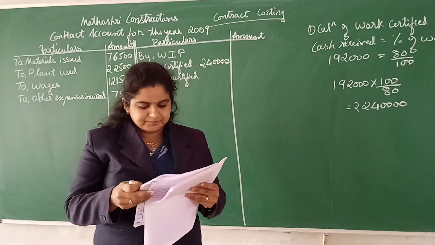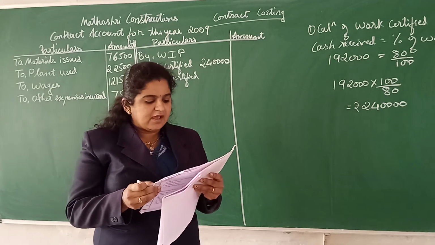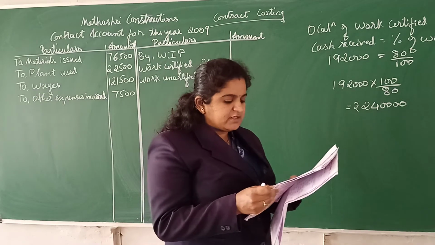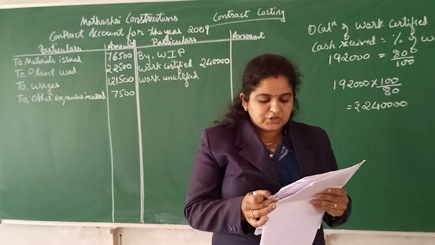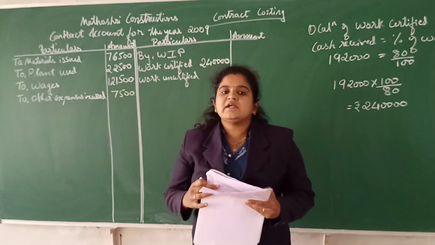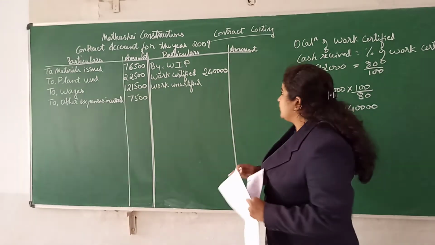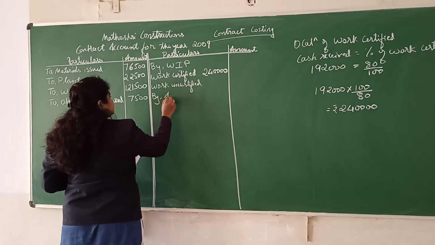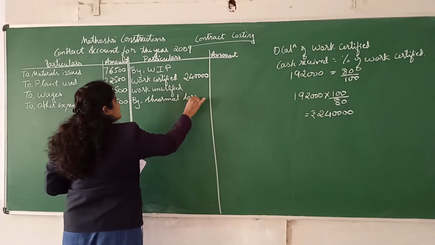Now next, plant which cost rupees 4,500 and materials which cost rupees 3,750 were destroyed at the beginning of the year. It means plant of 4,500 and materials of 3,750 were destroyed at the beginning. It means it is an abnormal loss. An abnormal loss we will show on the credit side by abnormal loss.